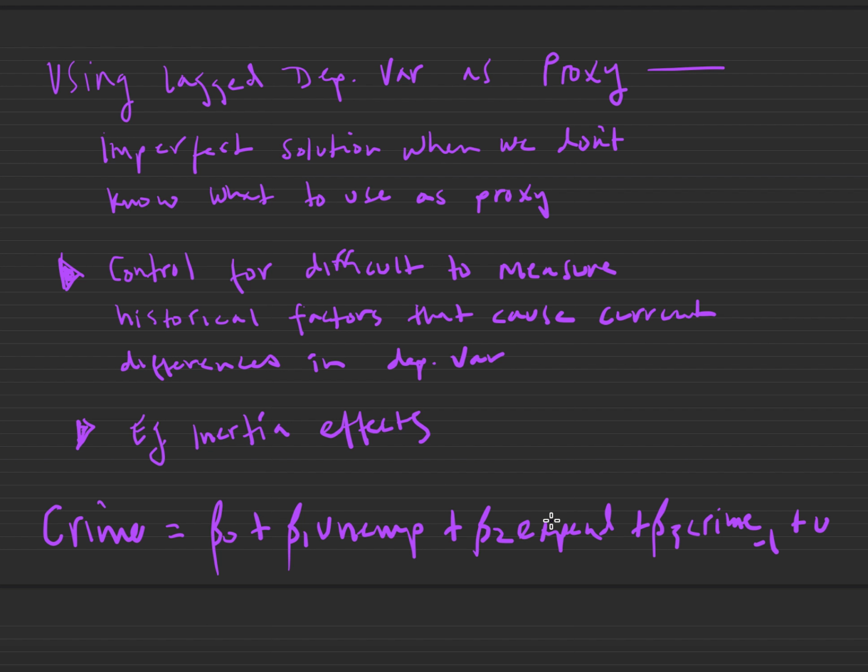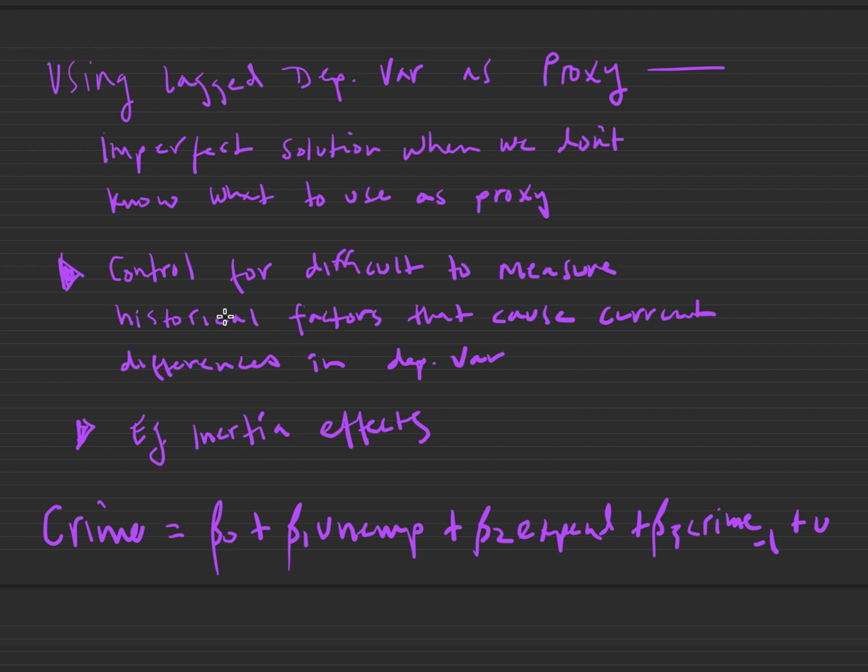Now when we do this and interpret beta 1 and beta 2, we can think about, for two cities that have the same previous crime rate and the same unemployment, what is the effect of a difference in expenditures on crime prevention?